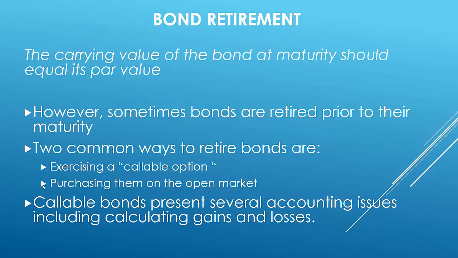And so now that we've issued the bond, there's some ways that we can actually retire those bonds. As you remember, one of the ways is to call that bond. So we could have a callable option, and that means that the company just purchases those bonds back, pays everybody back, everybody goes home happy. That's another way. And you can also purchase them on the open market.